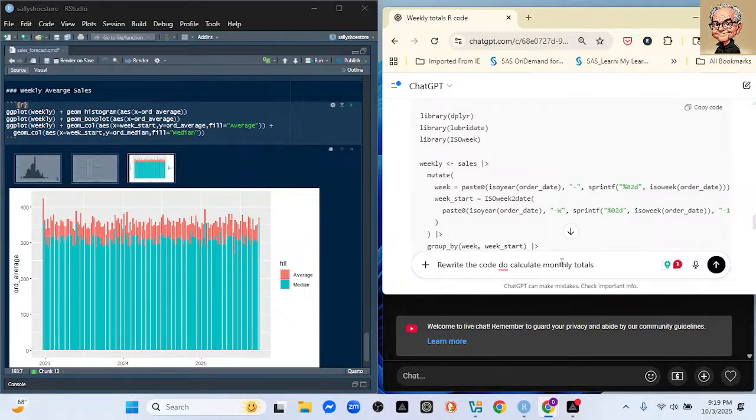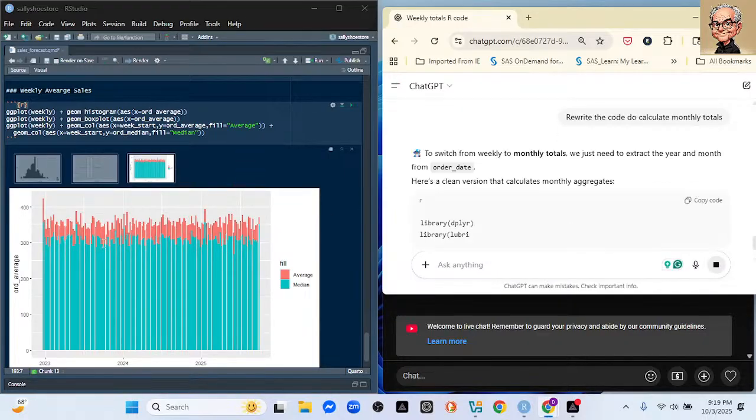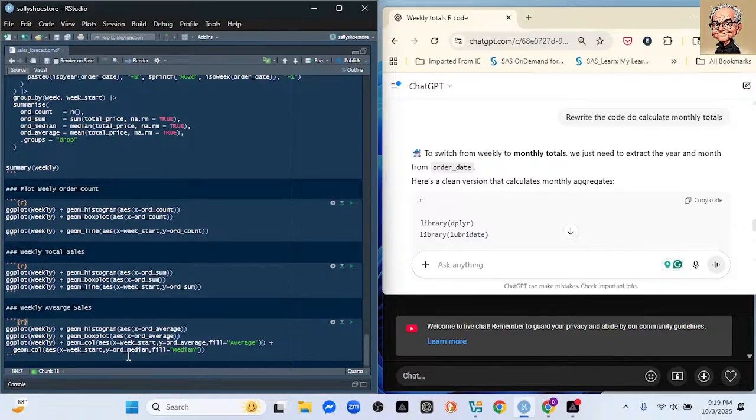I guess spell monthly. M-O-N-T-H-L-Y. That's all right. So this is interesting. Again, this really shows the difference between median and average, doesn't it? Okay, let's come back down here now.